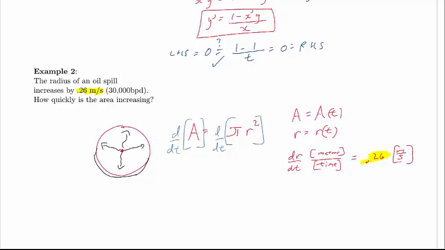So this is just simply A prime as a function of time. And then over here, we've got a constant 2r. You don't stop there because we also need to know dr/dt, that is r prime. We already know what r prime is.